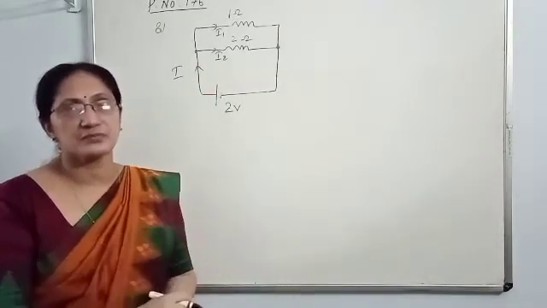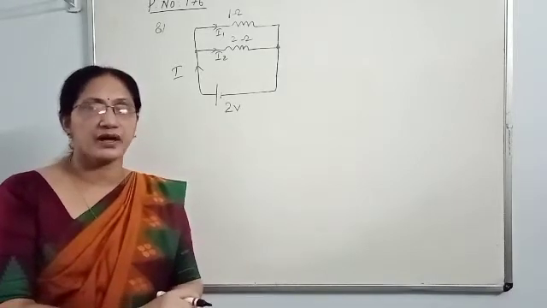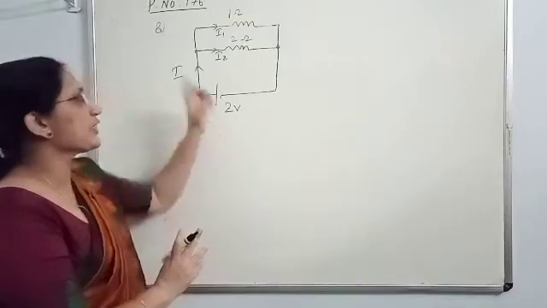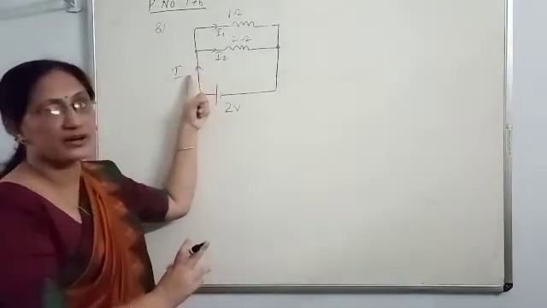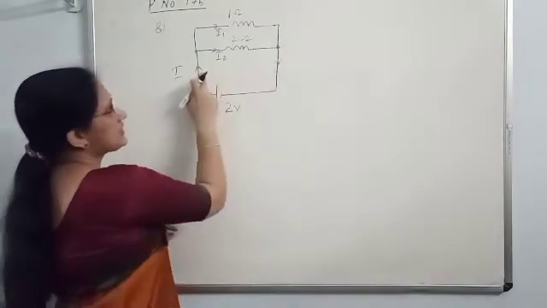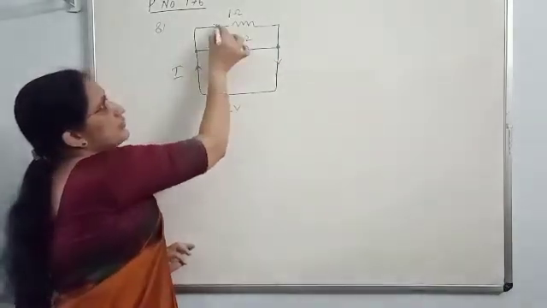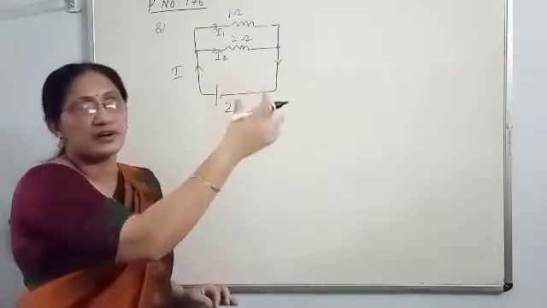In one of the previous videos, the characteristics of parallel circuit were discussed. So first you are asked to find out the current in the main circuit. I is the symbol I use for main current. At this point, it will split in two parts, I1 and I2.